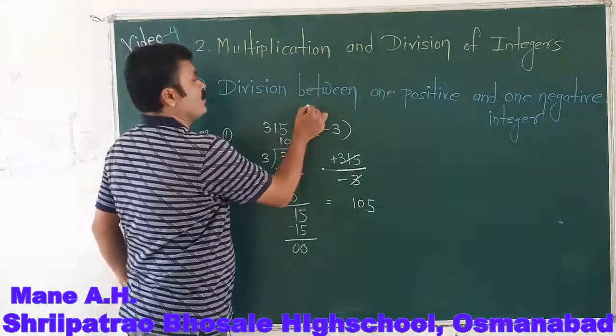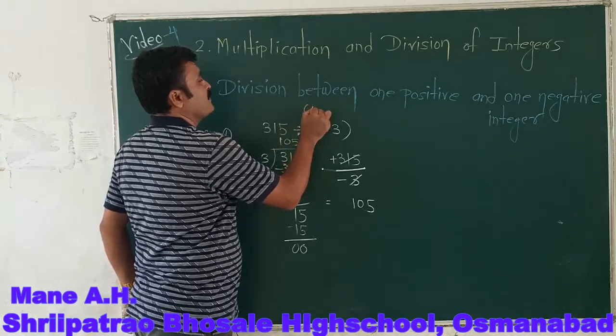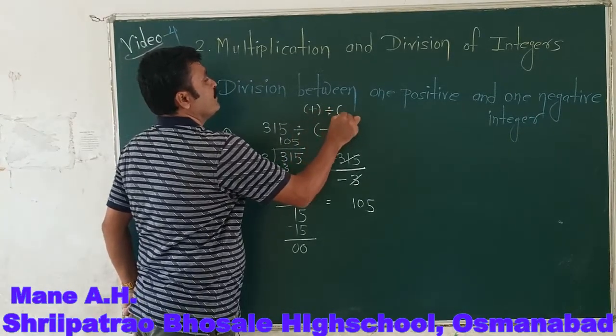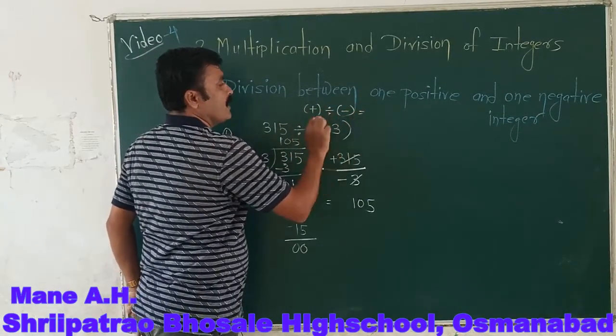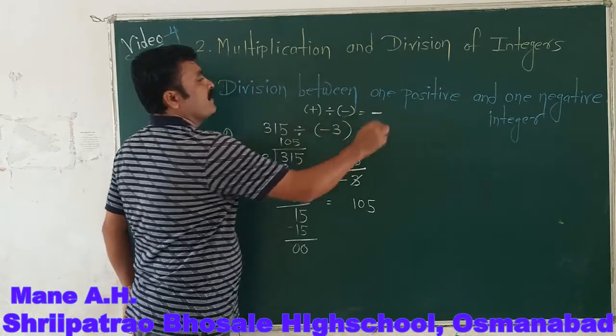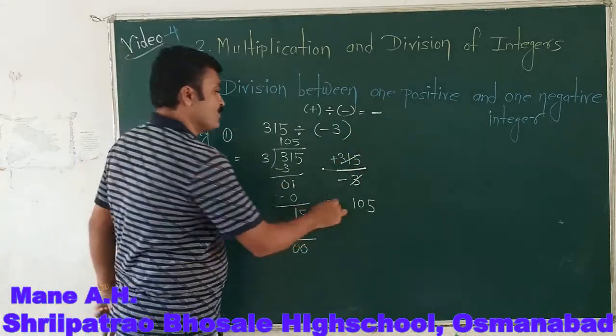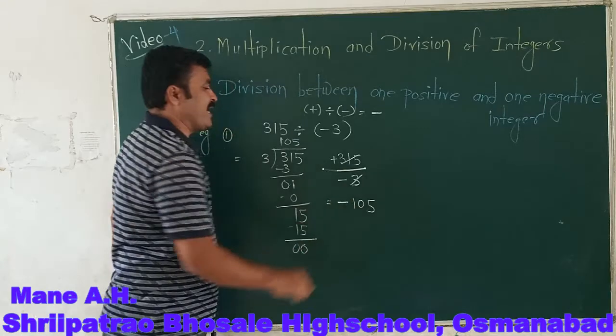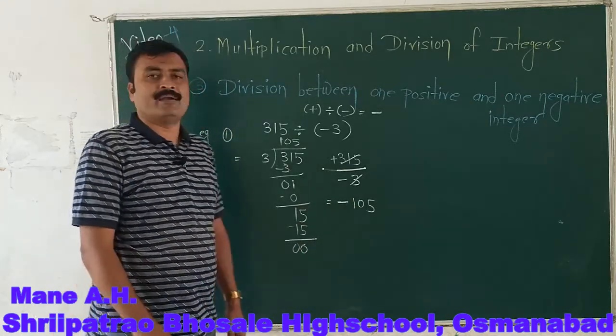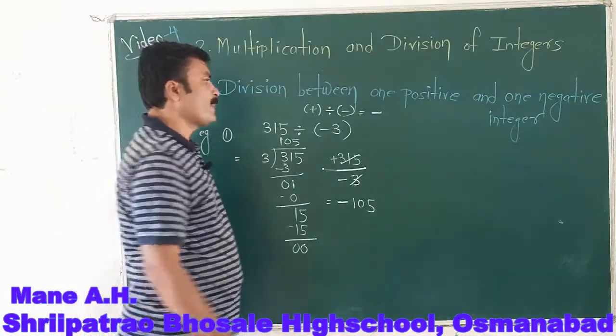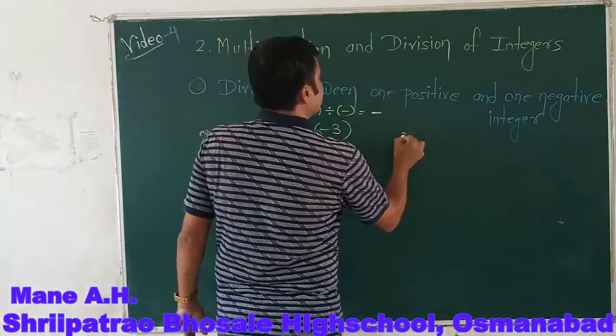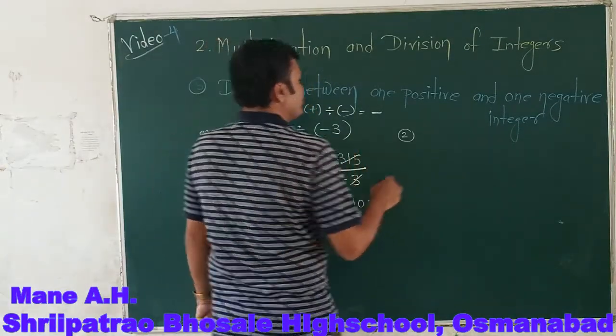This is important here. प्लस डिवाइड मायनस. तर या डिव्हिजनचं आन्सर हे नेहमी काय असेल? मायनस असेल. So we got the quotient as -105. Let's take another example, second. That is in this way.